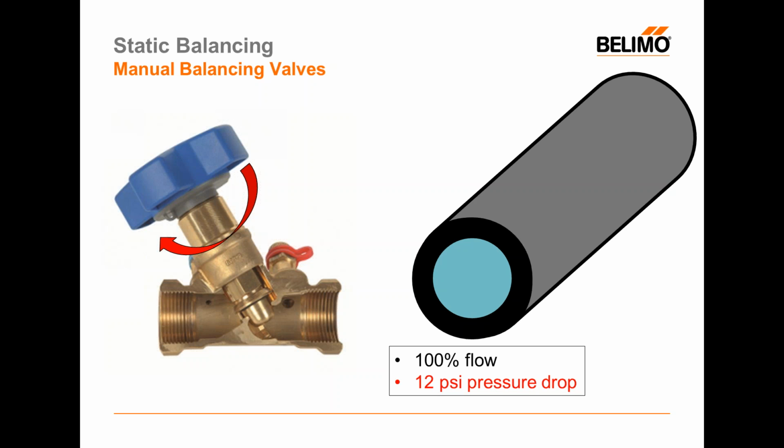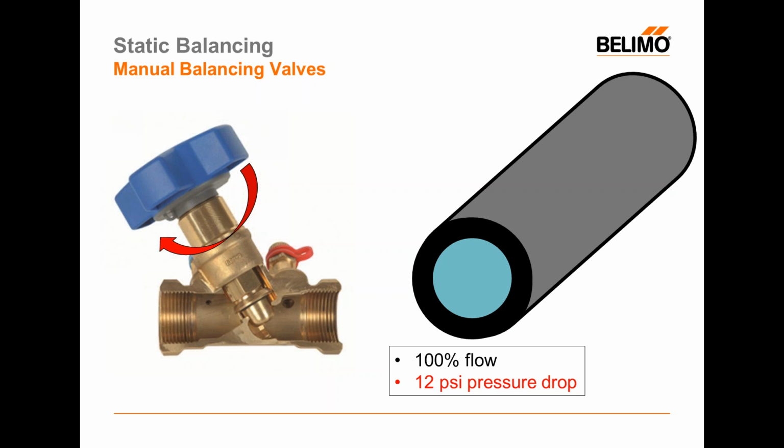And when we push 100% of the flow through this smaller area, it costs us energy in the form of pressure. We lose pressure there, and this is how we generate a pressure loss: by forcing the water through a smaller area. So to push 100% of the water through this reduced area of the pipe, we generate a 12-pound pressure drop.